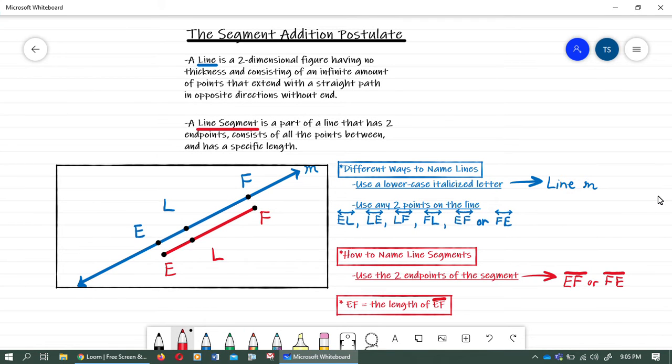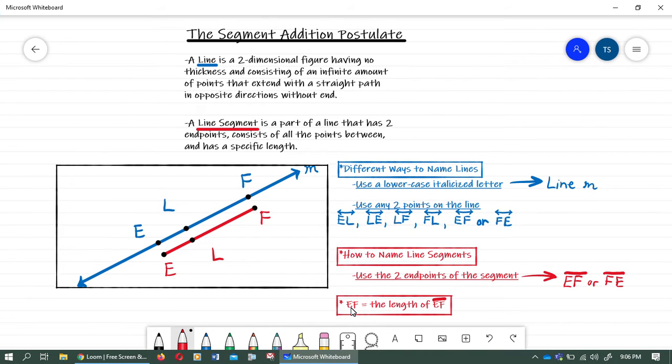Okay, so guys, just one more thing that you need to know before we introduce the segment addition postulate to you. Whenever you have the two letters like EF written beside each other without the little symbol at the top, that means we're talking about the length of that segment.